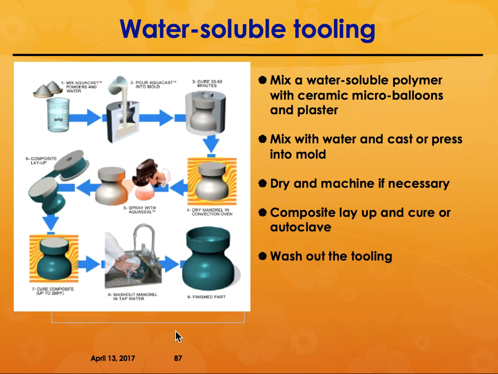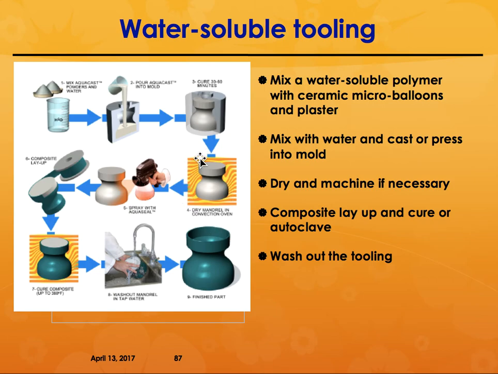So this is the process of making that water-soluble tooling. Basically, you mix a plaster and these tooling materials together, and then you mix it with water, make it into a kind of pourable slurry. You pour that slurry into this mold, into this female mold, and then after that you dry it so that all the water is driven off, and then you get the mandrel.